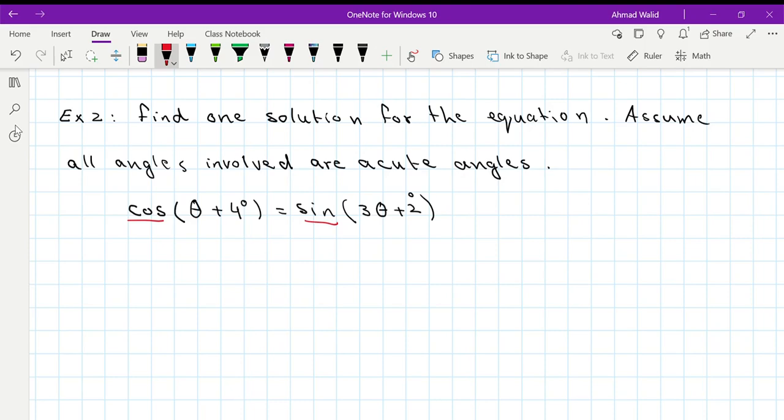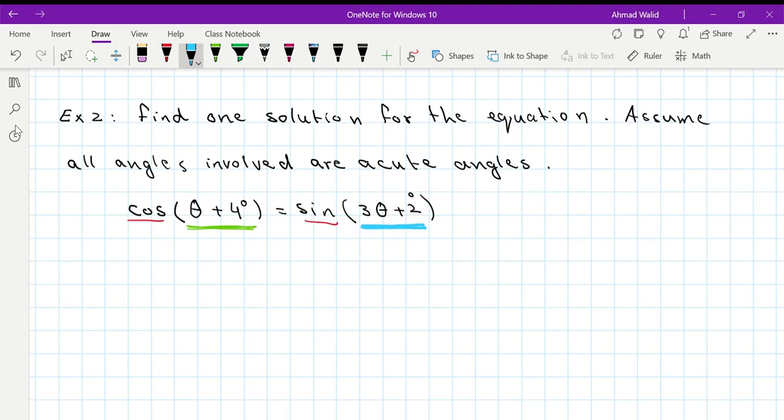It means also that this angle, theta plus 4, is one angle, and it is the complementary of this angle, 3 theta plus 2.